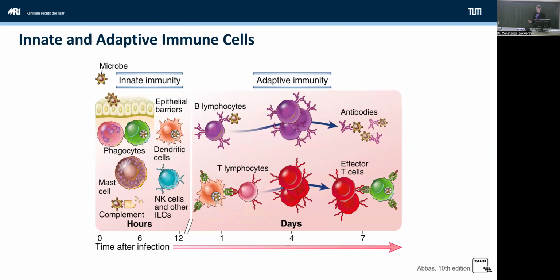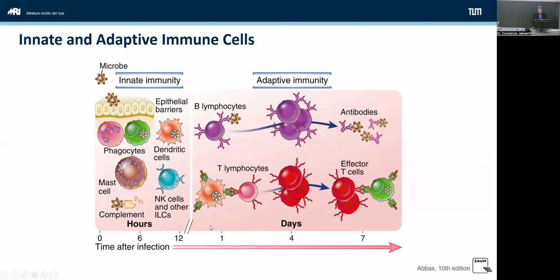But not only macrophages, as part of the innate immunity, are residing within the lung, but also all the different other cell types of the innate immunity, in comparison to the adaptive immunity we have here. Monocytes in general, phagocytes, dendritic cells, mast cells, NK cells, also novel innate lymphoid cells, ILCs.